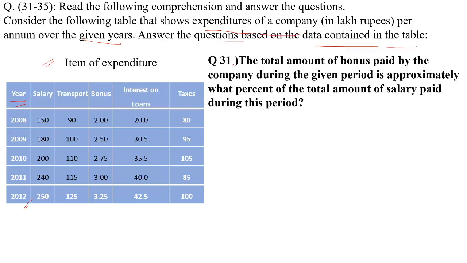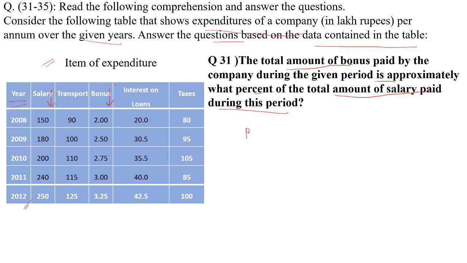Question number 31 says the total amount of bonus paid by the company during the given period is approximately what percent of the total amount of salary paid during this period. So we will see the bonus and the salary paid.